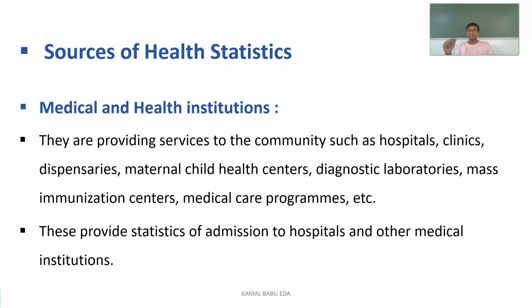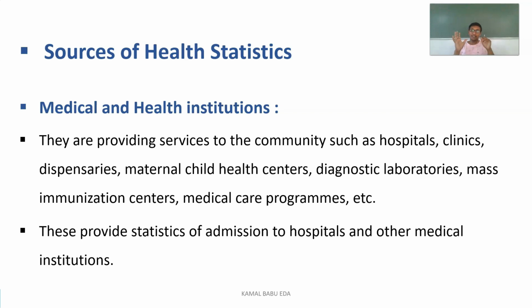Next, sources of health statistics, mainly we get from the medical and health institutions. So what are these medical and health institutions? The persons who get admitted into hospitals or clinics or dispensaries or maternal and child care centers or diagnostic laboratories or mass immunization centers or medical care programs. From all these areas we get the health statistics.